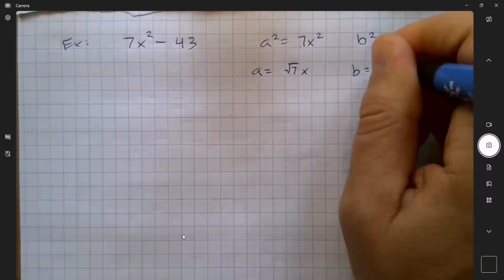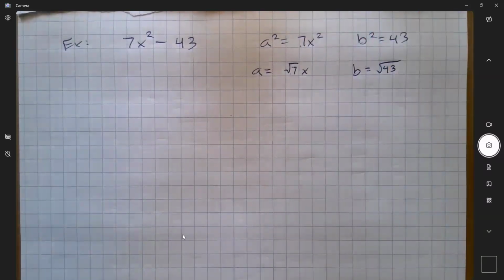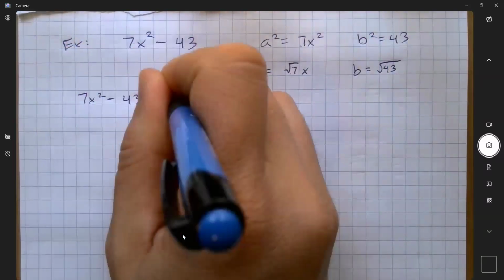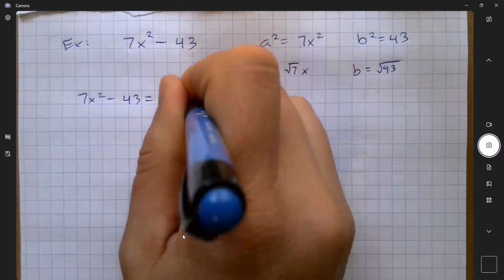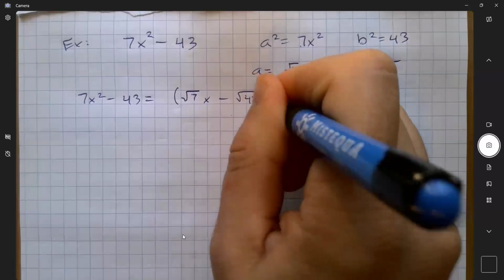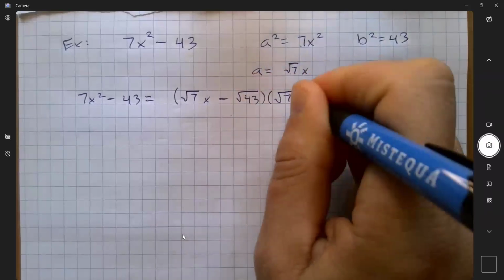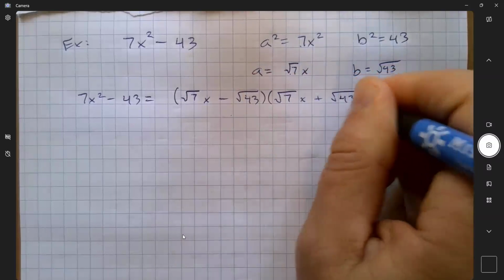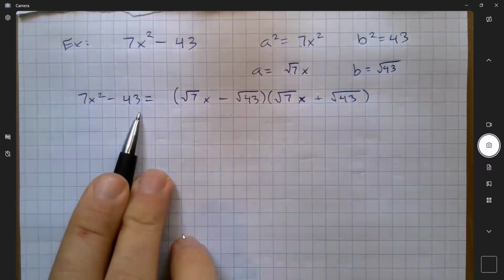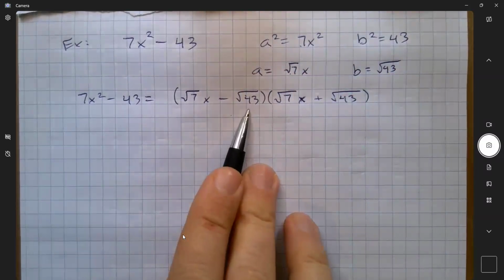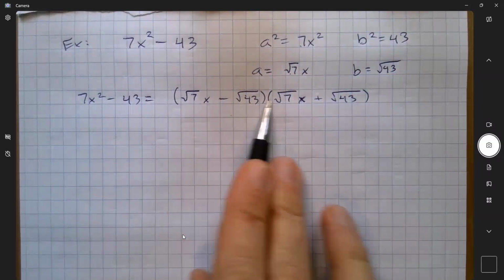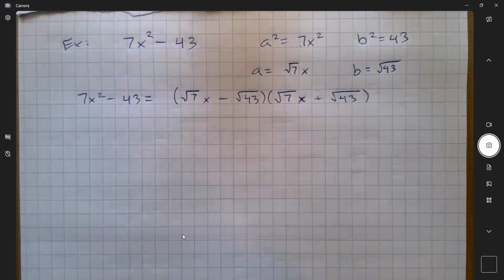And b should be the square root of 43, which means that 7x squared minus 43 must be the square root of 7 times x minus the square root of 43, times the square root of 7 times x plus the square root of 43. Something that really didn't look like we could factor, we actually can factor. Even though the numbers in our factored form are square roots, they're still numbers, and that still works.